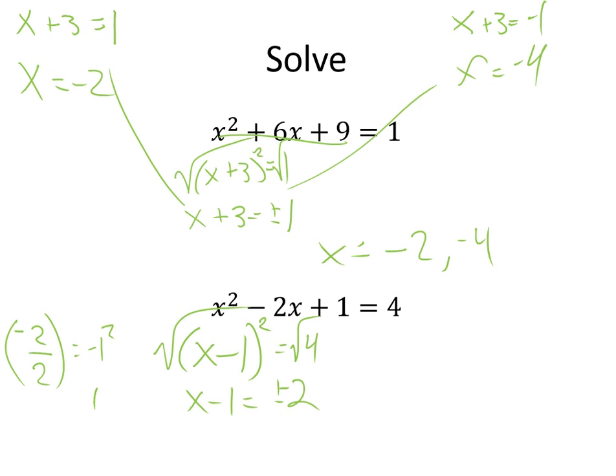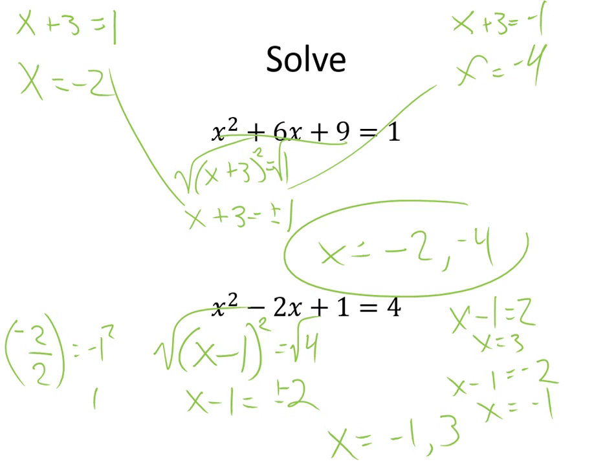And then you would have your two equations: x minus 1 equals 2 and x minus 1 equals negative 2. x equals 3, x equals negative 1. So your two answers would be negative 1 and 3, and those are what x equals. Again, those are if you can solve using completing the square.